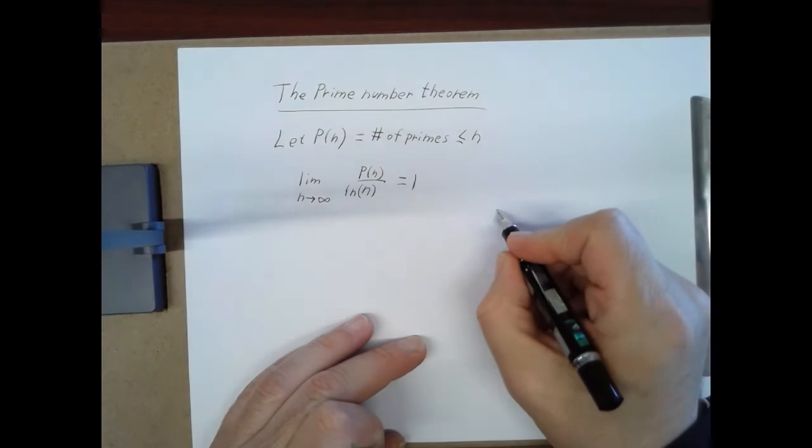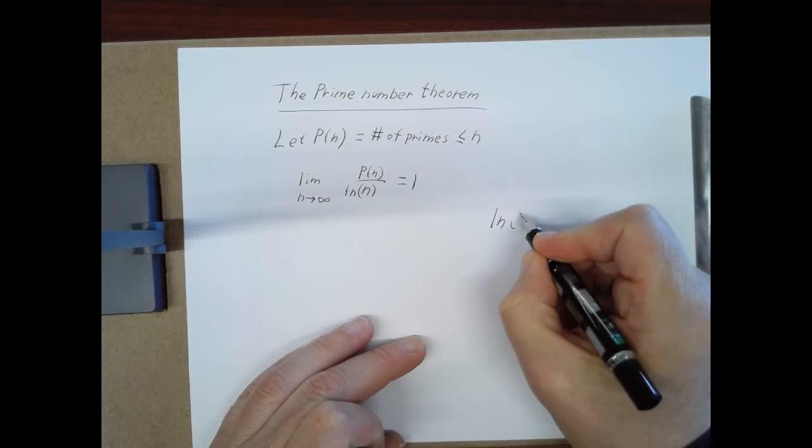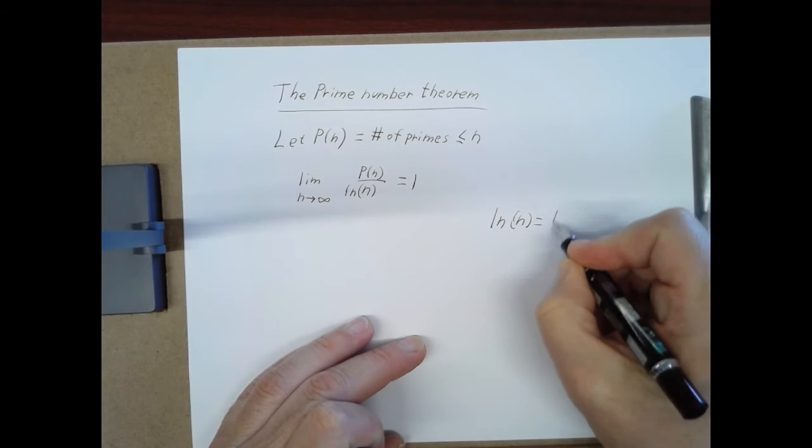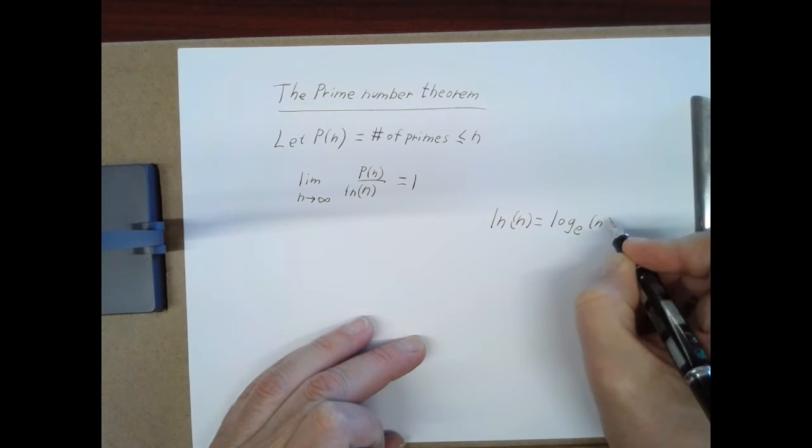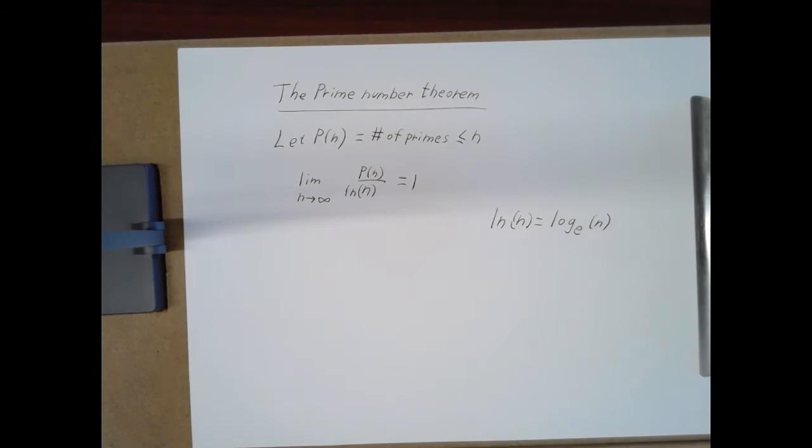And remember, natural logs are logarithms, base e. So there's a quirky relationship between divisibility of integers and this magic number e that pops up all over mathematics. And there's a ton of proofs for this, and these proofs come out of various fields of mathematics.